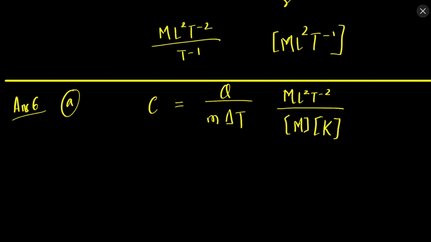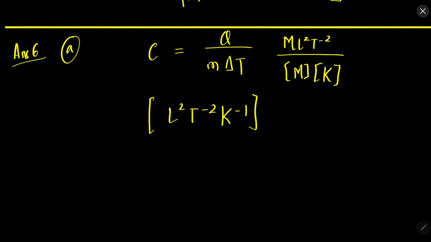Since we have already used T for time, and temperature also starts with T, it would be very confusing, so we choose K. So the dimension for specific heat capacity is L² T⁻² K⁻¹.